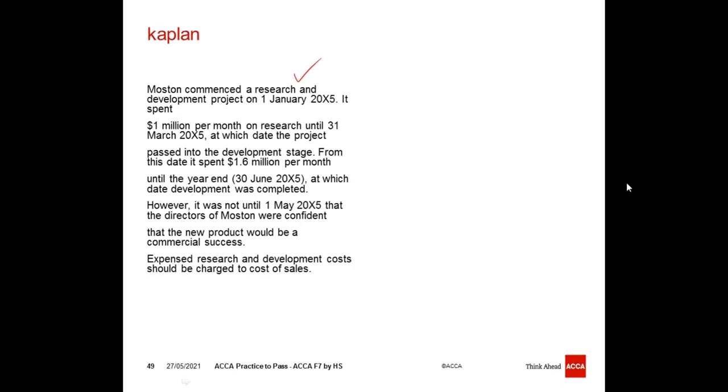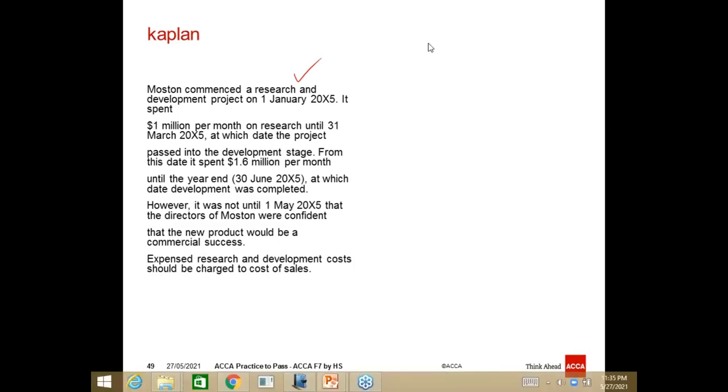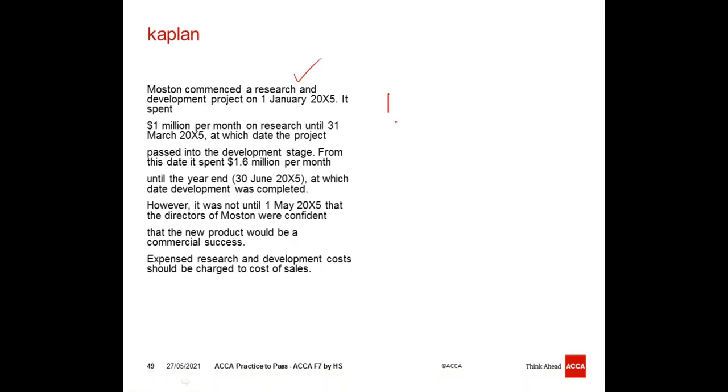Is it done? So here you can see 1 million per month the company is incurring on research. So 1 million a month for January, February, March. So 1 million into 3 months will go in the income statement.